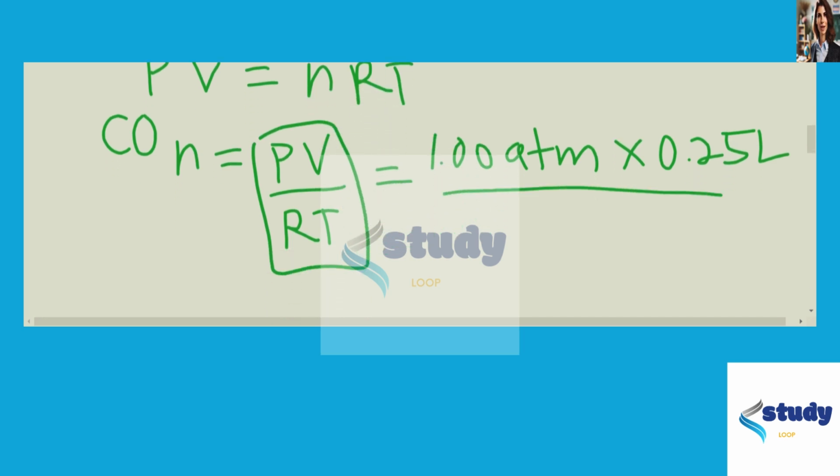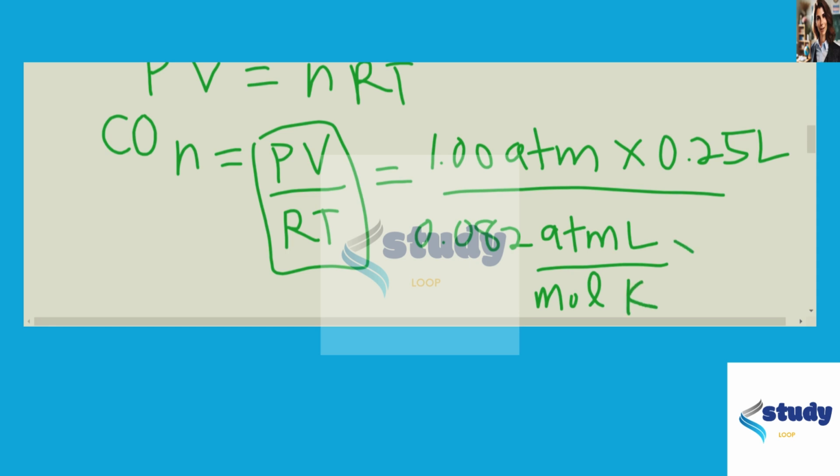And we have to divide this by the R value with the appropriate units, which is 0.082 atm liter per mole per Kelvin. And we have to multiply this by the temperature, which is 298 Kelvin.